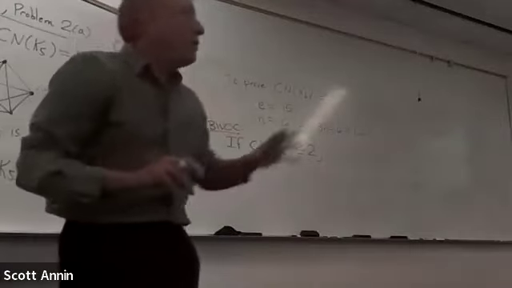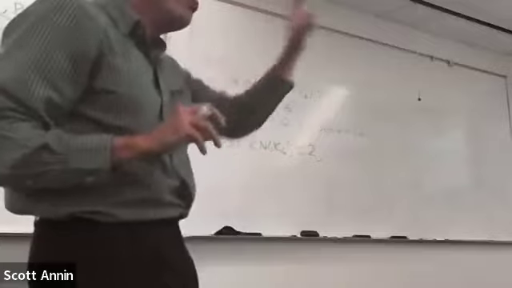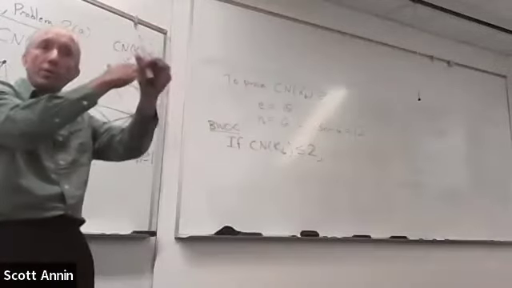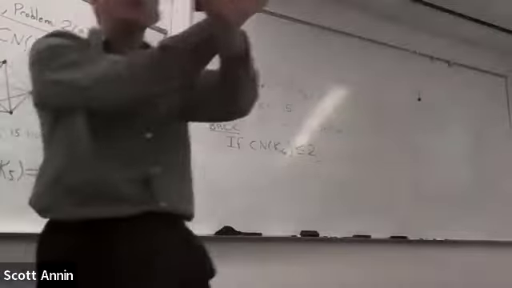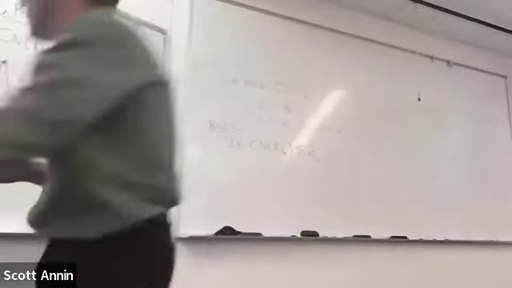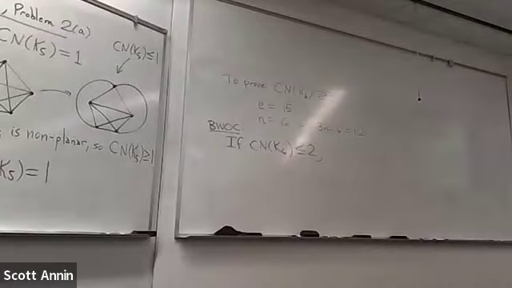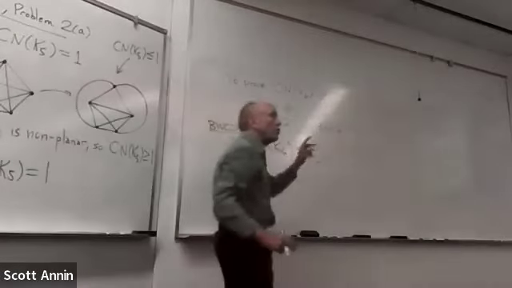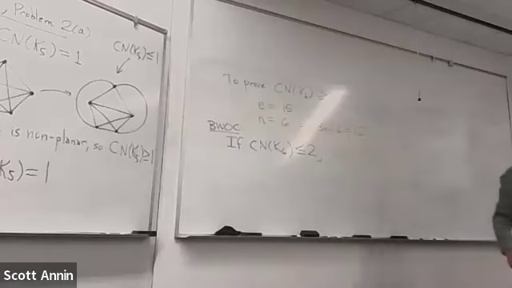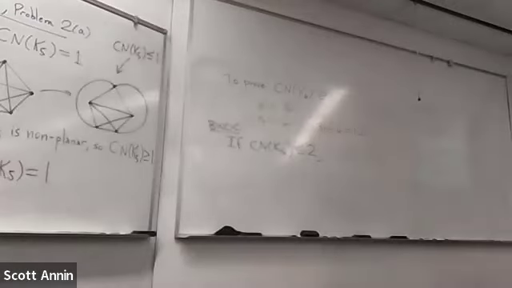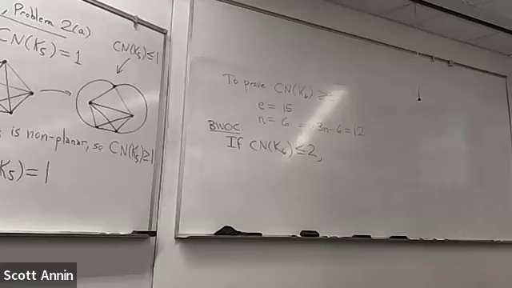That would mean that I could look at the 2 crossings and remove one of the edges that's causing each crossing. That would eliminate that crossing. Like if I remove this diagonal edge, then that crossing is gone, right? So if the crossing number is at most 2, then I should be able to remove 2 edges from the graph and be left with a planar graph.